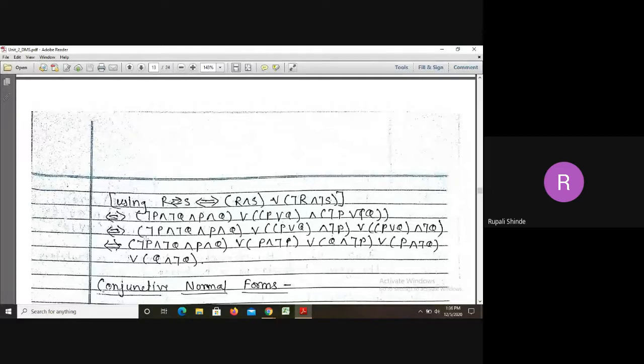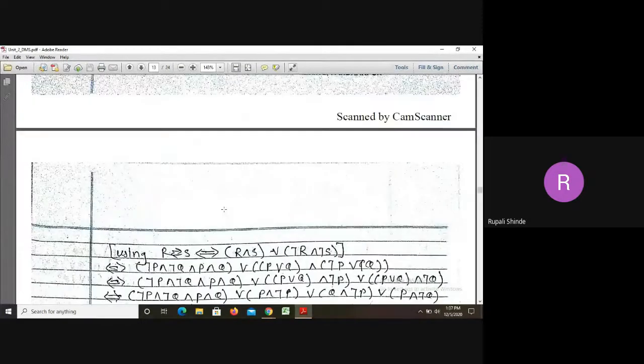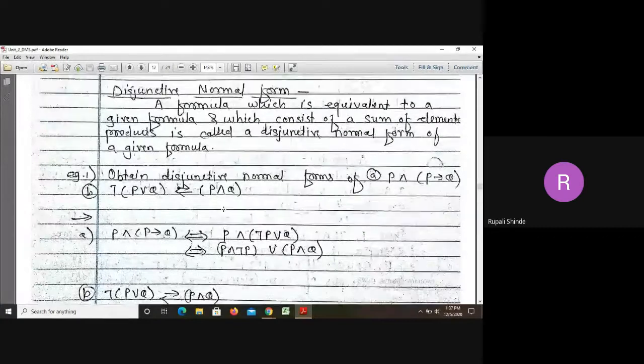So again here the first term is kept as it is, or P and negation P, again we have applied the distributive law, or Q and negation P. Next one, P and negation Q or Q and negation Q. Now check here. In each and every bracket, product should be there inside the bracket and sum should be there outside the bracket. Yes. So here the OR operation is outside the bracket, product is inside the bracket. So we can say that this is the correct form of DNF.